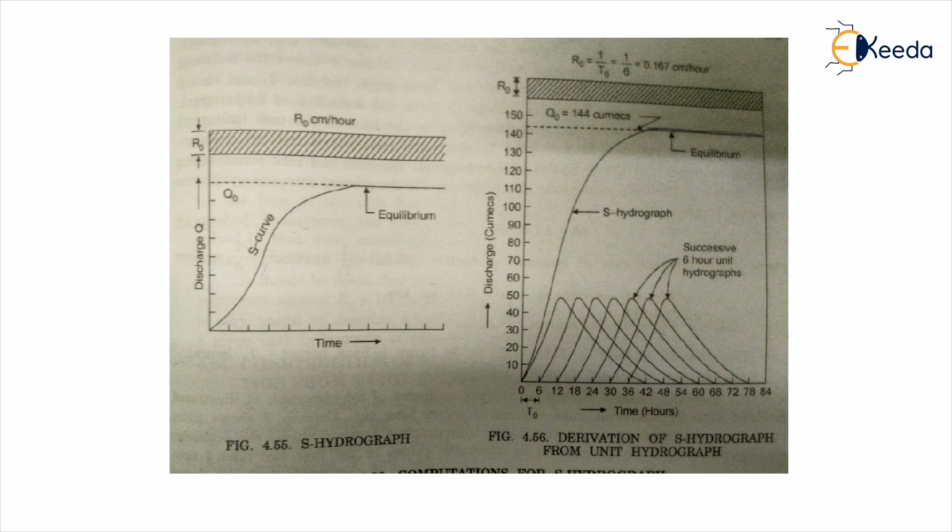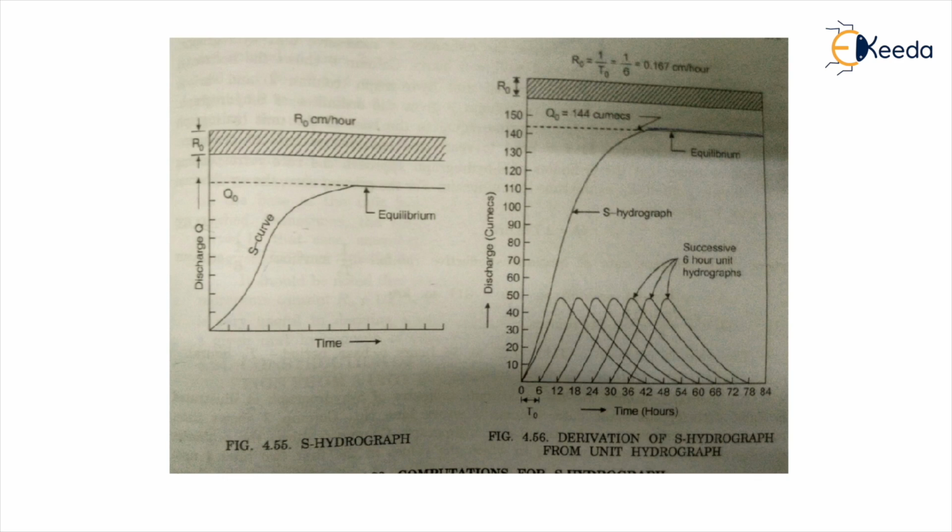Sometimes when we are asked to find the 24-hour unit hydrograph and we are given a 6-hour unit hydrograph, we know that 6 and 24 are in integral multiple order, since 6 fours are 24.